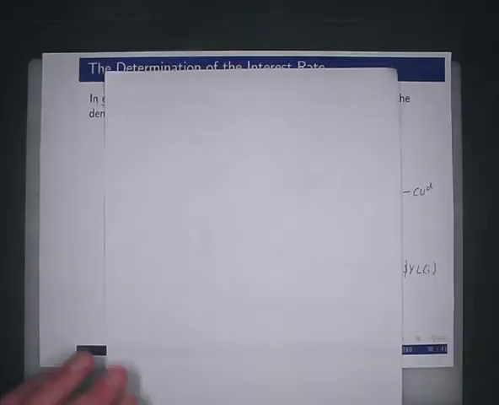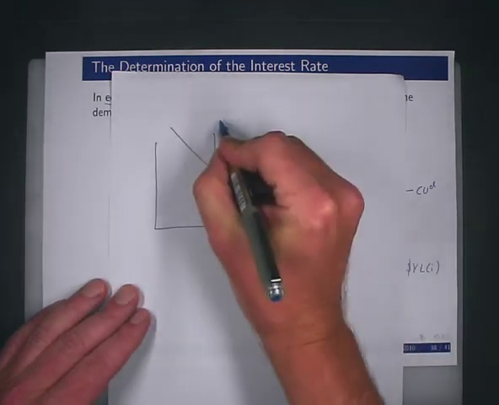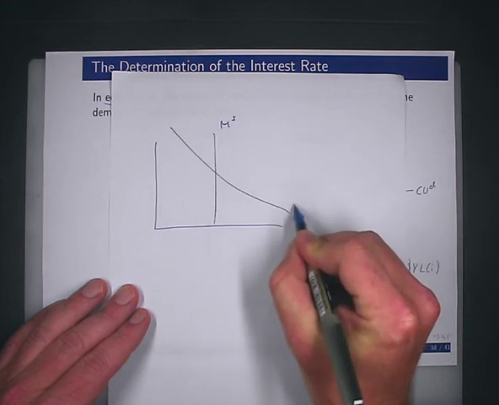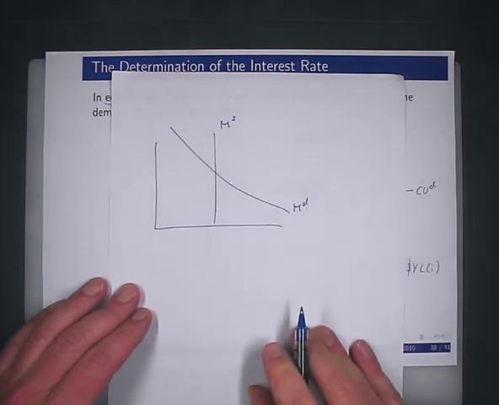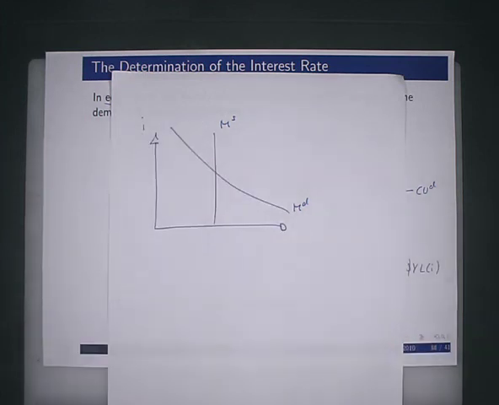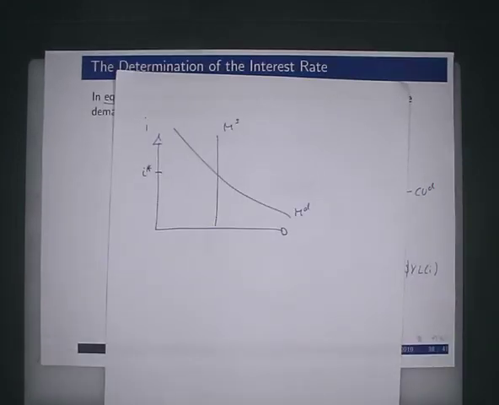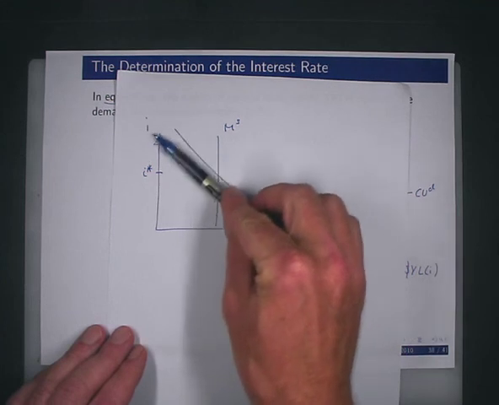If you have this money market, money supply and money demand, and here you have the interest rate, you can either say, I want to target the interest rate at, say, this level, call it i-stop. But then, as a central bank, I have to react to changes in money demand.